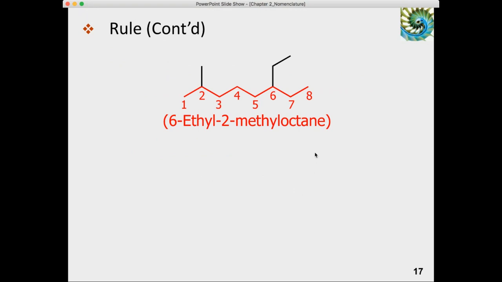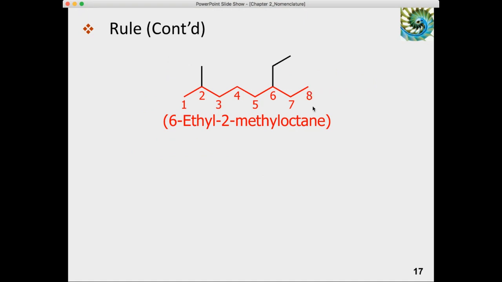Okay, here we have a compound to name. First step is to find the longest carbon chain. The longest carbon chain is in red, and it has 8 carbons. Second thing is to assign numbers. We can assign number 1 to the carbon on the left or number 1 to the carbon on the right.